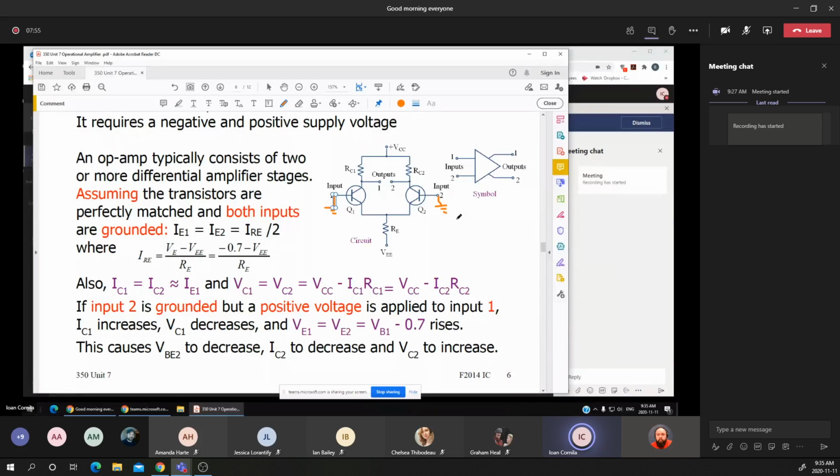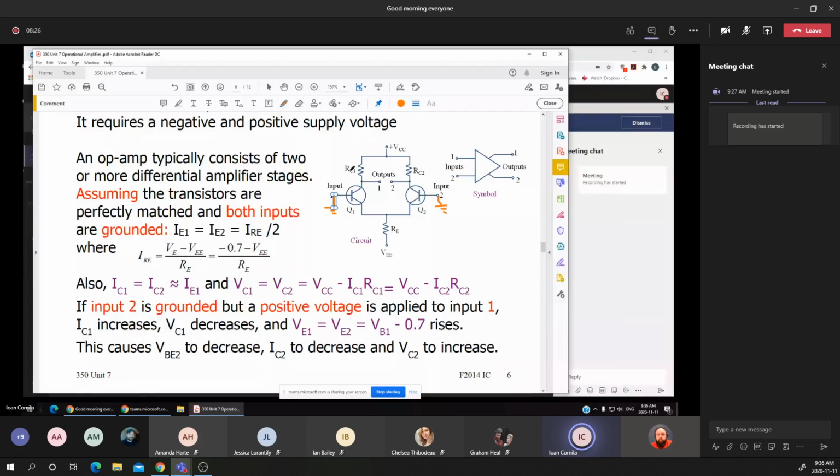If both inputs are grounded, the two voltages, VC1, the voltage at the collector of Q1, and VC2, the voltage at the collector of Q2, are the same and can be calculated as VCC minus the drop voltage across RC1, or VCC minus the drop voltage across RC2.